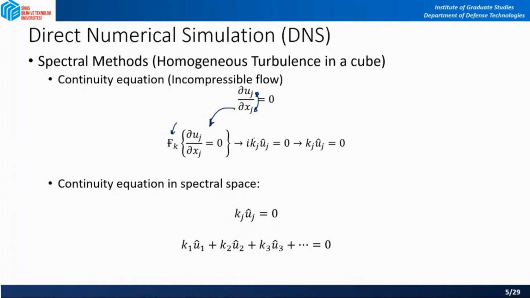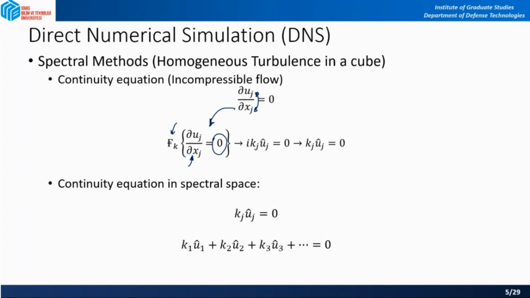So what I will get, as we said, when you apply operator f to duj dxj, which is the derivative of the velocity, is ik times u. And operator f applied on 0, so f of 0 will be 0.